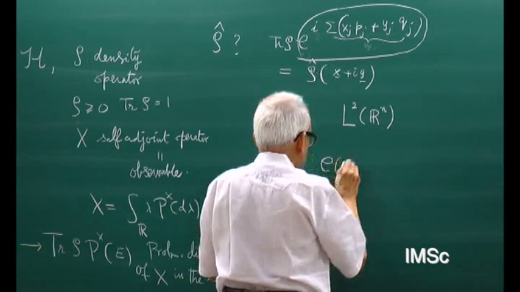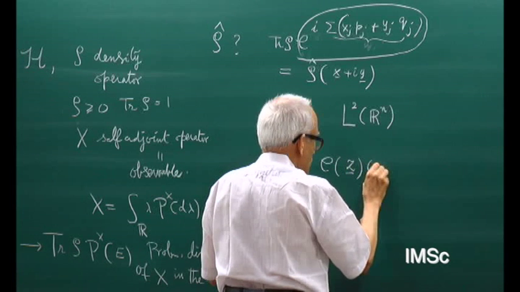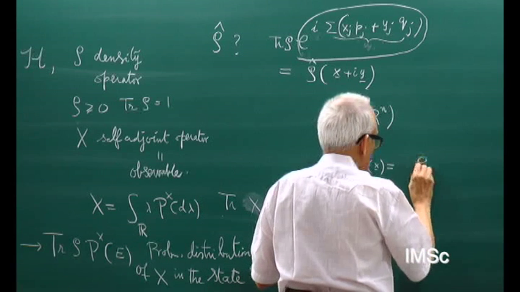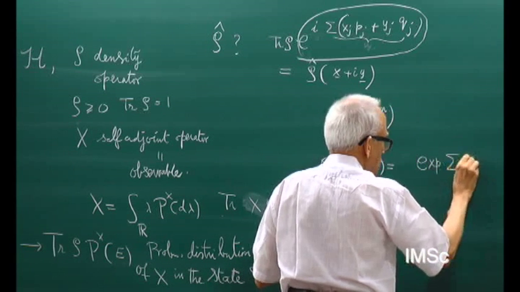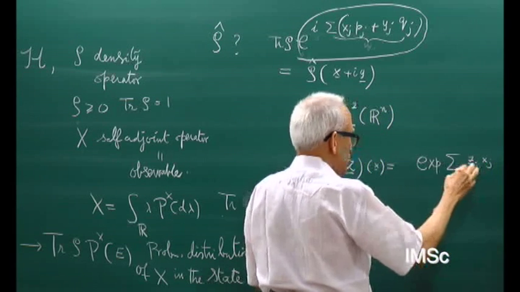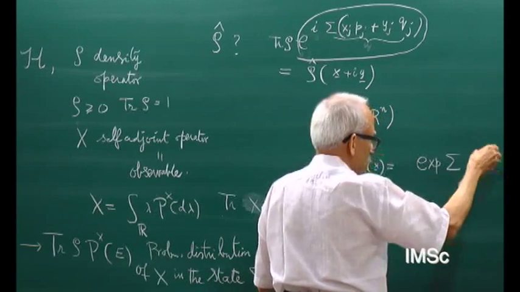So, I introduce functions E_z of x, equal to exponential of sigma z_j x_j. Here x_j is not the real part of z_j; z is a complex variable and x is the real variable.